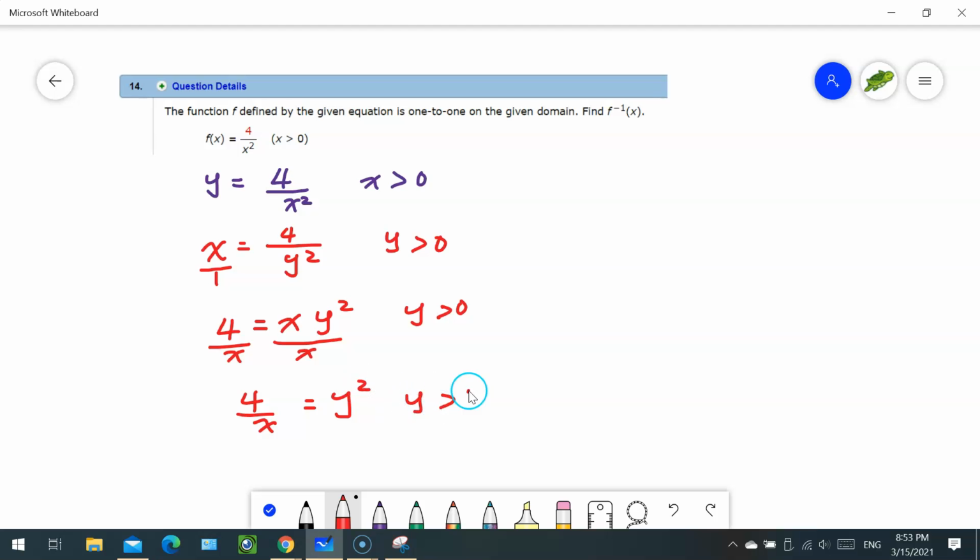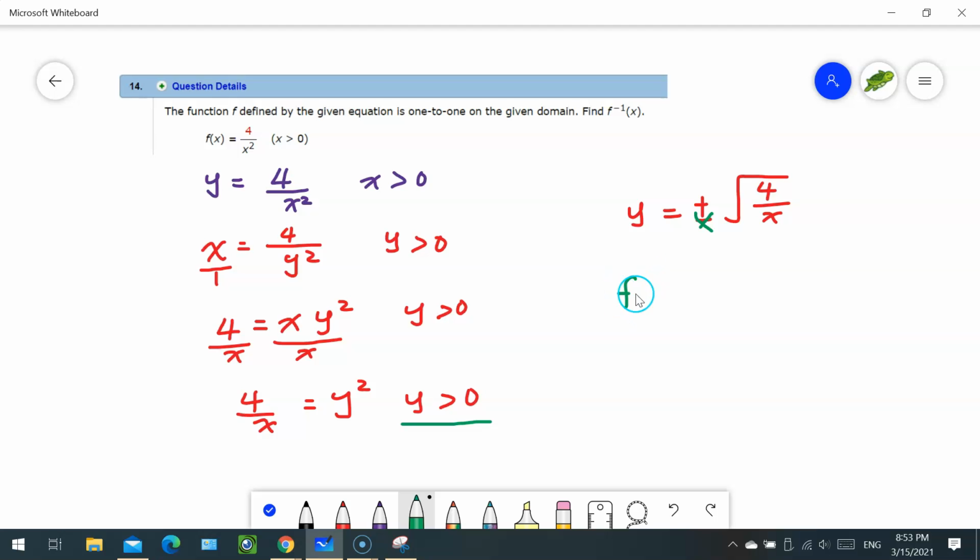Here we still keep y greater than 0. Now y equals plus or minus the square root of 4 over x. However, we have to restrict y to be greater than 0. So we need to discard the negative sign.